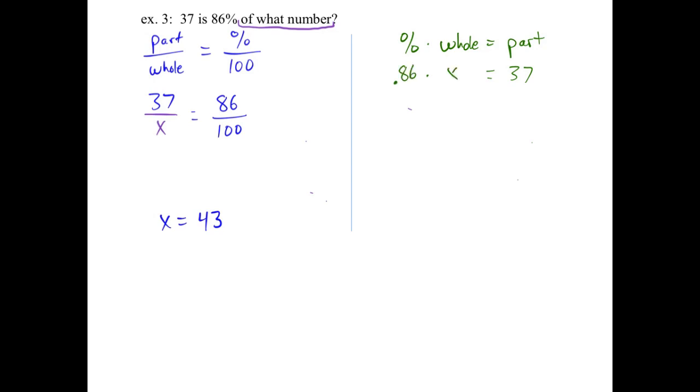And then the of what number? So sure enough, the of is the whole thing, so our unknown is there. So to get x by itself, we divide both sides by 0.86. That cancels out, leaving x by itself. And if we punch that in our calculators, we'd get 43. Make sense? Seem doable?